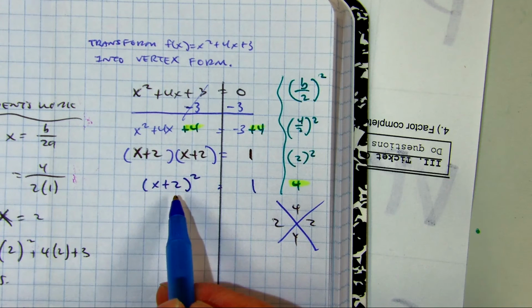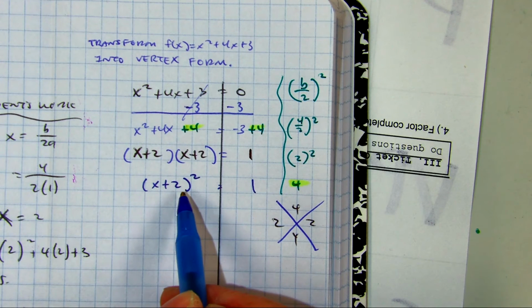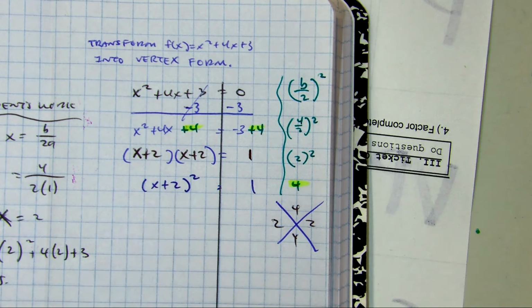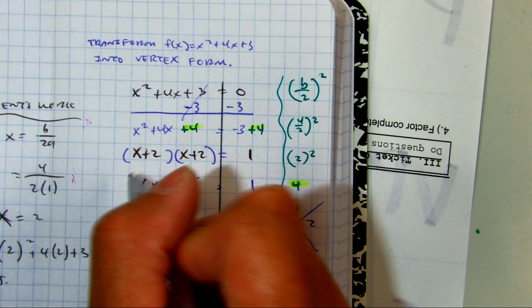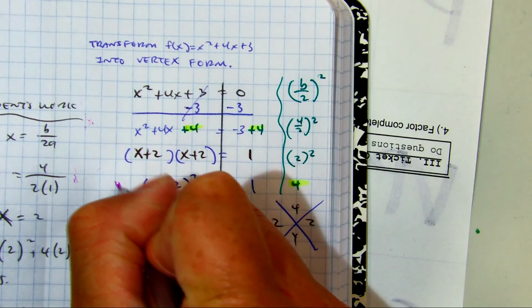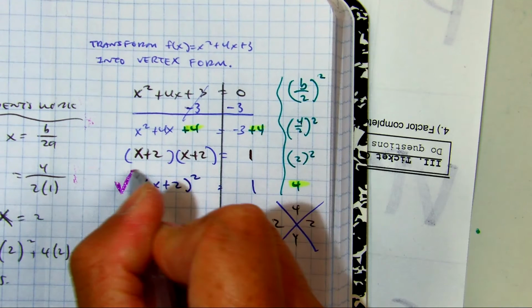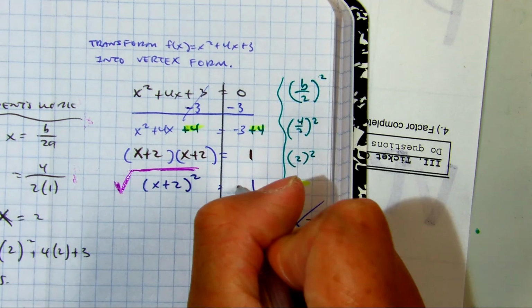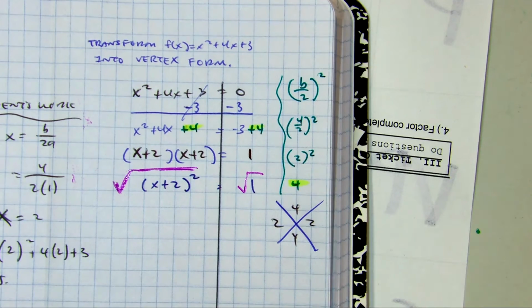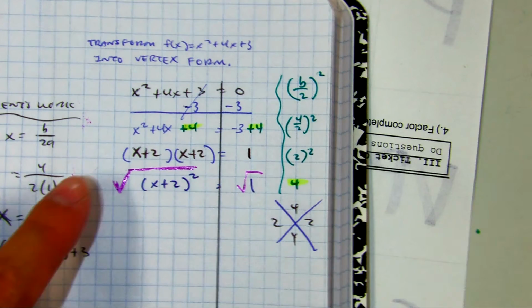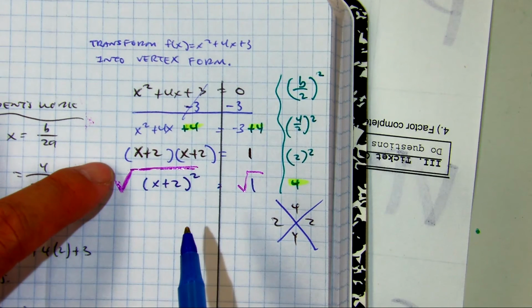Okay, we got that. Let's take the square root of both sides. Go, purple pen, go. Pay attention when you're taking the square root. Over here, the little invisible number is called the index. It is a 2.